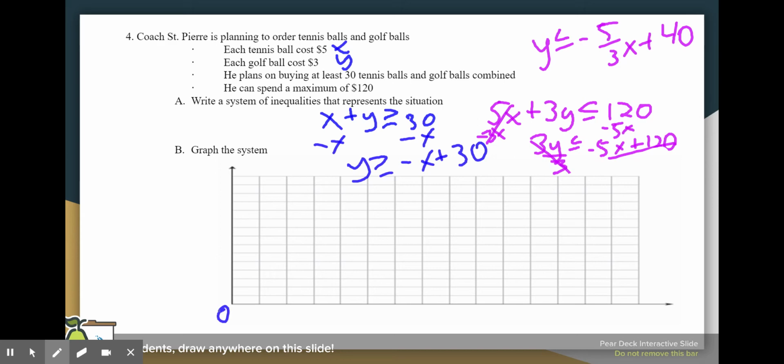Then 20, 40, 60, 80, 100, 120, and 140. Okay, so it's all the way up to 150.